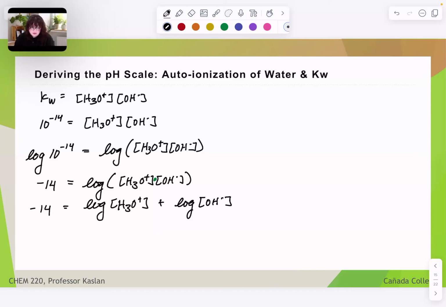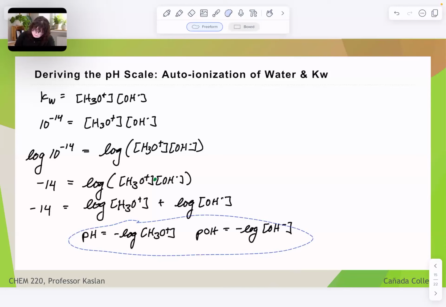And if we recall our definitions of pH and pOH, remember pH is negative log base 10 of concentration hydronium, and pOH is negative log of concentration hydroxide.